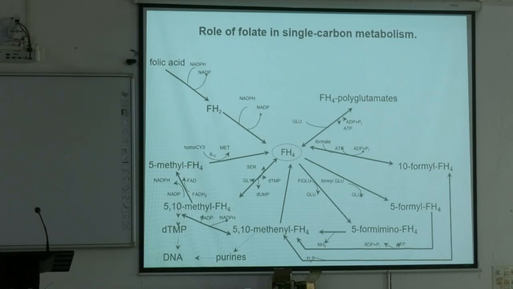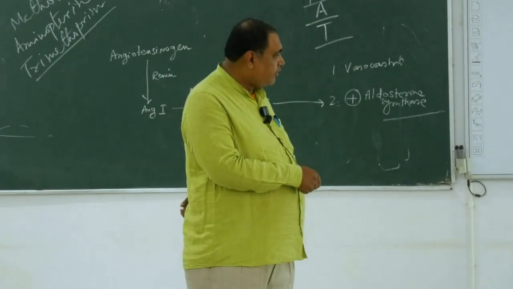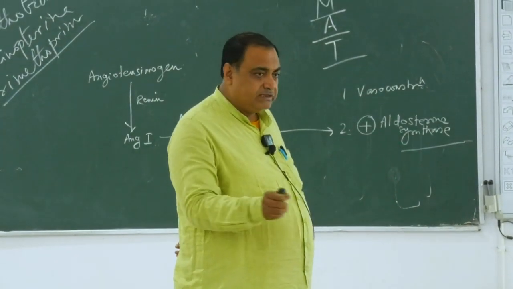Now see, there is only one reaction. What is written? B12. That means folic acid regeneration requires vitamin B12. That means if vitamin B12 is not there, folic acid will remain in this form and other forms will not be synthesized.